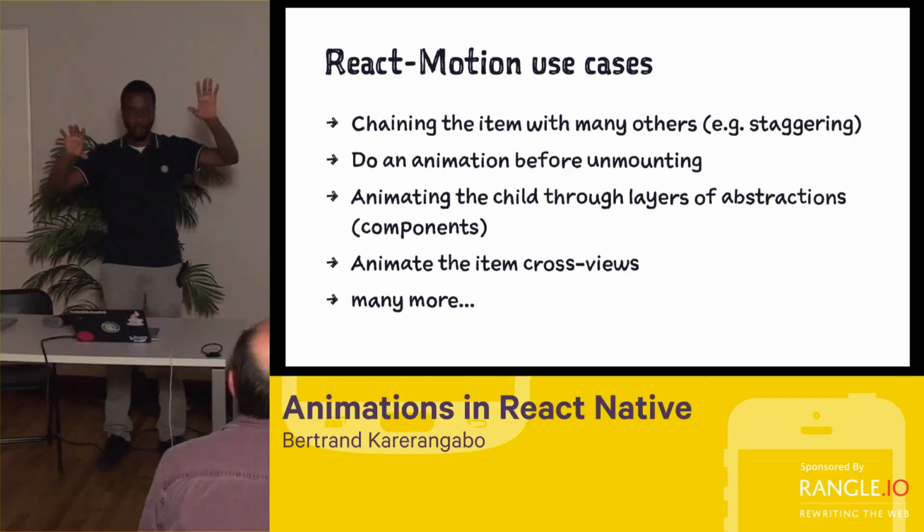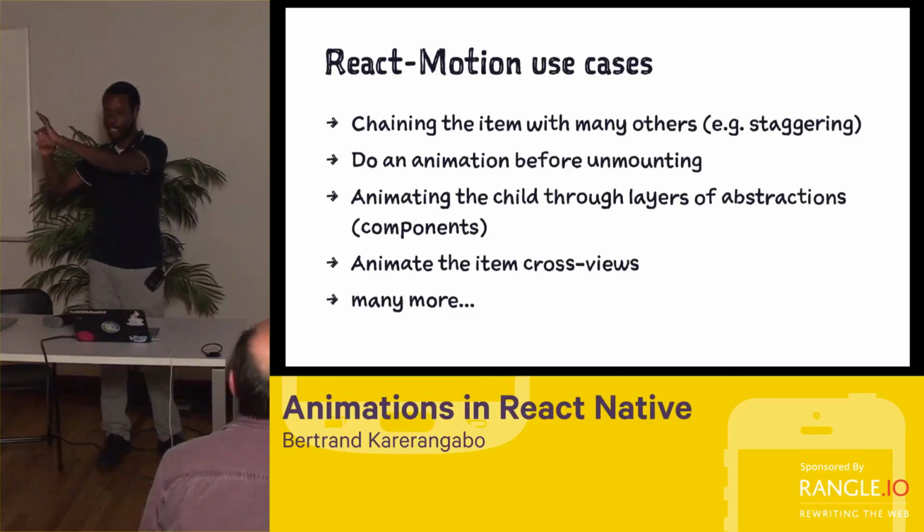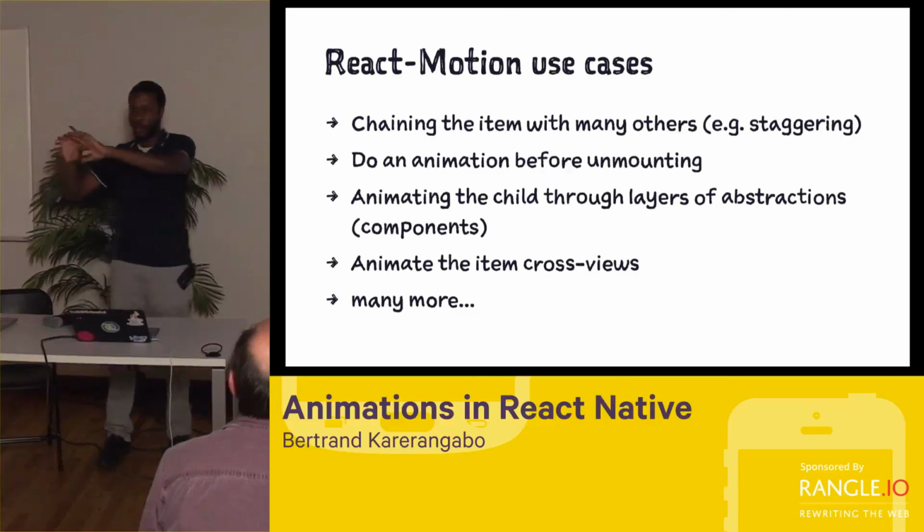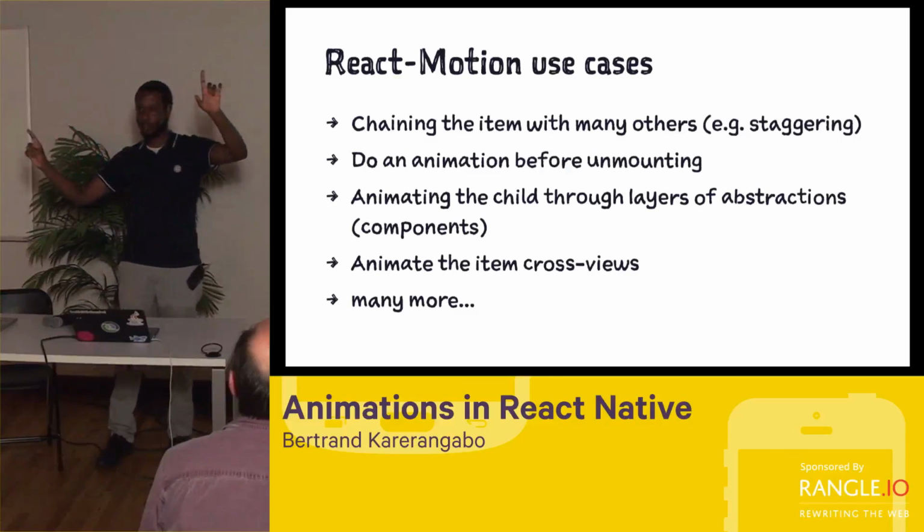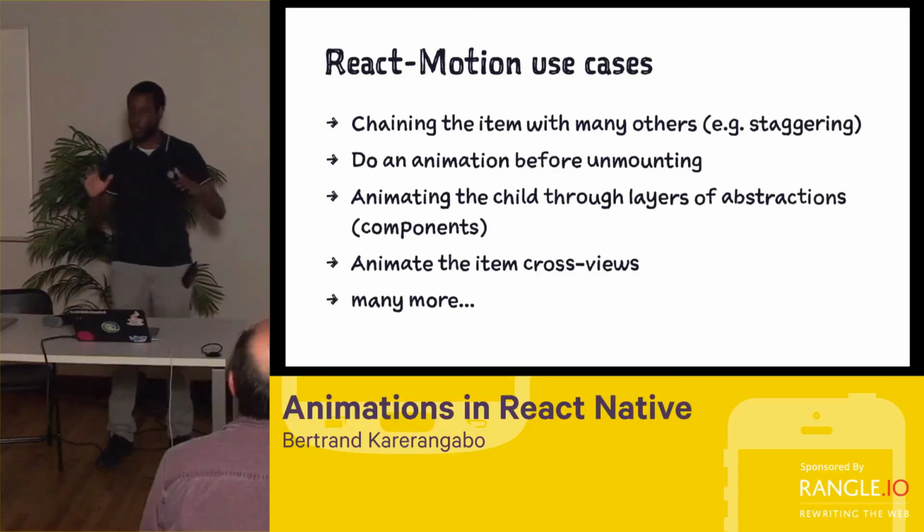So this component, as part of this view, is being unmounted, supposedly. It's not really, but in the React abstraction, it'd be unmounted and then be recreated on this other view. So how do you go about declaring that cross-view type relationship? In those cases, React Motion brings you very nice APIs to be able to control that.